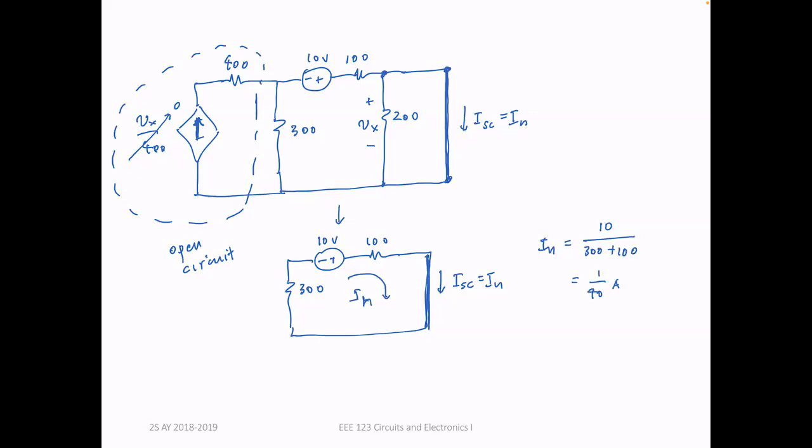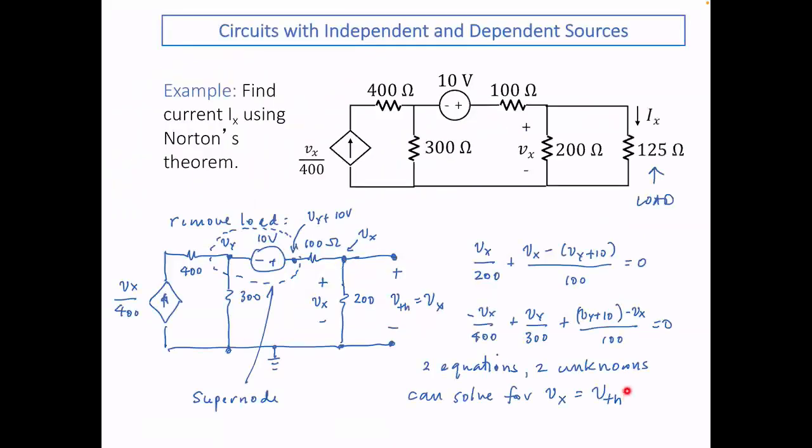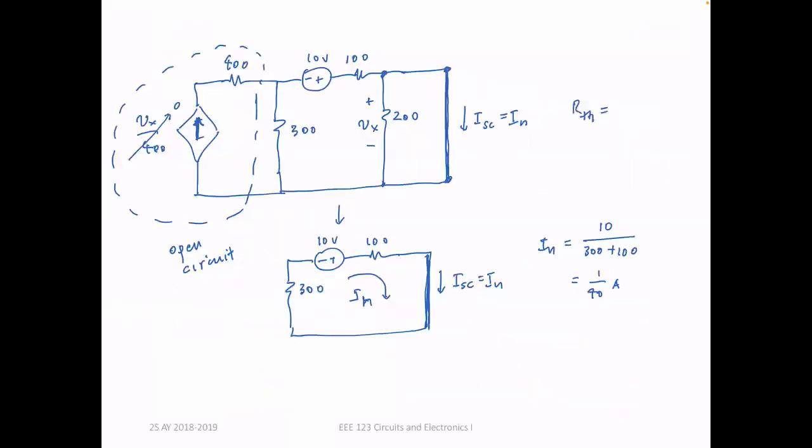So finally, Rth, pasensya na hindi ko na-compute yung VTH, ano? But we can solve for VTH. So Rth is just now going to be VTH over I sub n. So solve na yan.